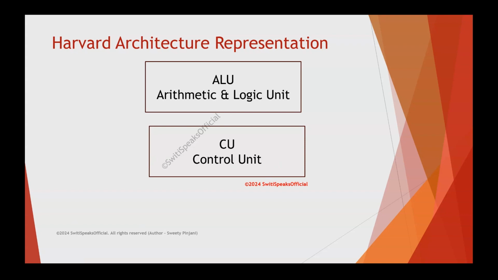Then we have PC, which is program counter, which carries the address of the next instruction. All these registers are also present in the Harvard architecture. We are just not showing them in the representation. And then again ALU, CU, and your registers together form a CPU, which is the central processing unit, which can be called the brain of your computer.